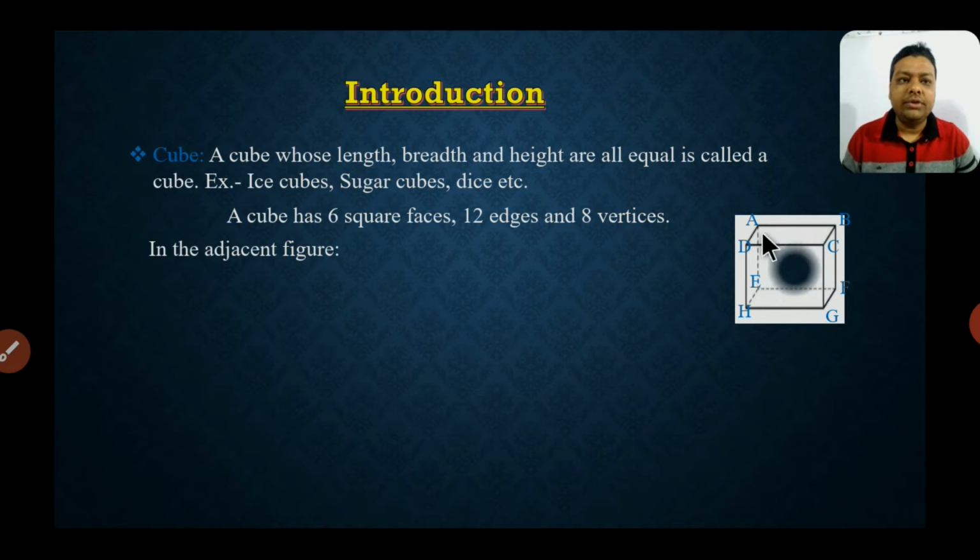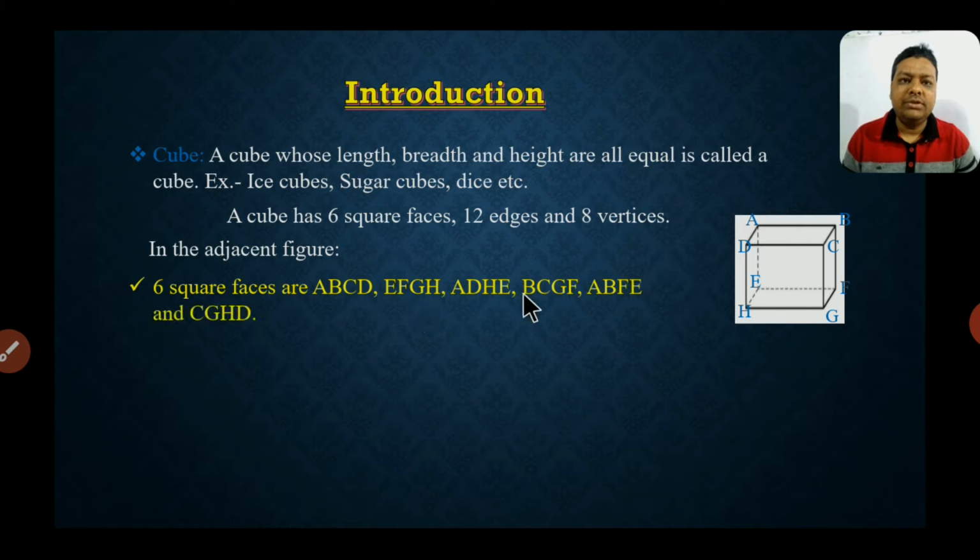So in the adjacent figure you can see the vertices A, B, C, D, E, F, G, H. The top and the bottom faces are ABCD and EFGH, and the vertical faces are ADHE, BCGF, ABFE and CGHE. We can write the names like this.